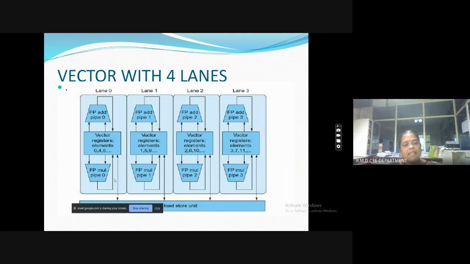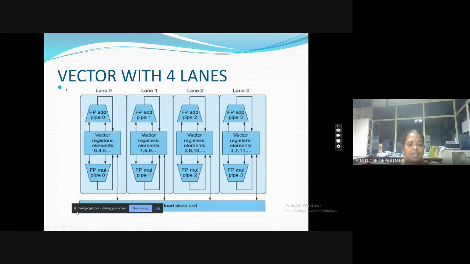Likewise, they are all separated in multiples of 4, 2 to the power n. Some formula can be used to separate the registers: if we have 12 registers, we split them equally among the 4 lanes so that all can access registers. The register file is common overall, but all the lanes cannot access the same register, so we split and give. The feedback is given back to the register to compute again.